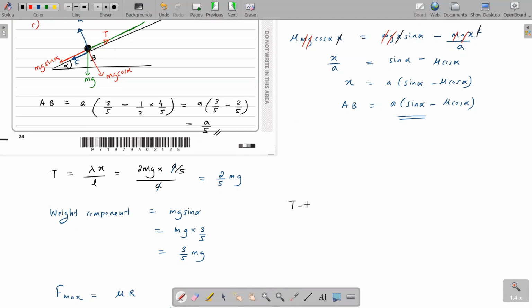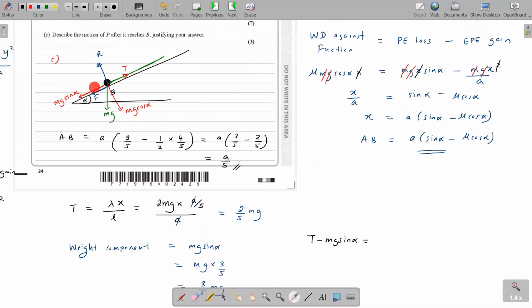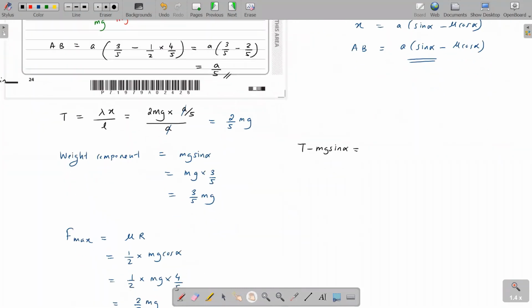Let's get the T minus mg sine alpha value. Get the difference between tension and the mg sine alpha first. What's the difference? That gives you the net force acting down along the plane, right? So how much is tension? 2/5 mg minus mg sine alpha.